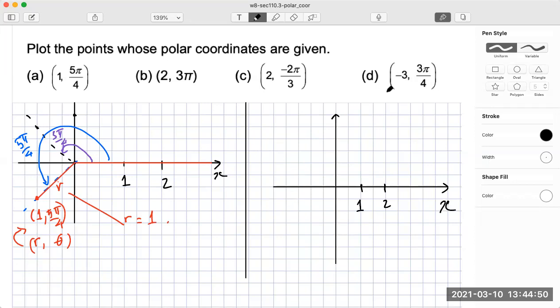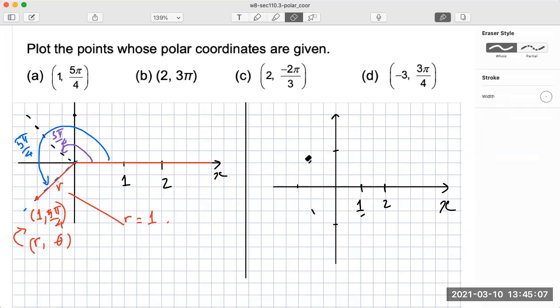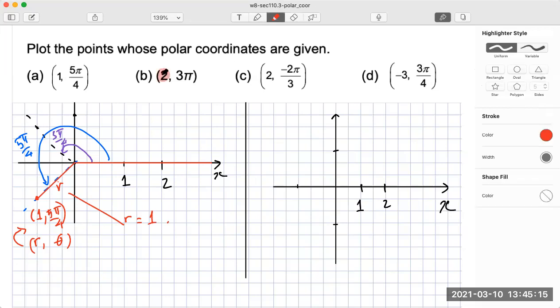So any point which has the radius 2 will be on this circle, right?